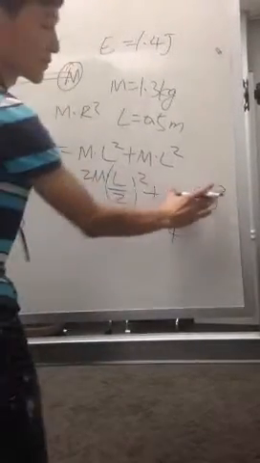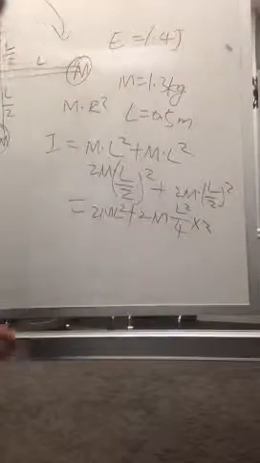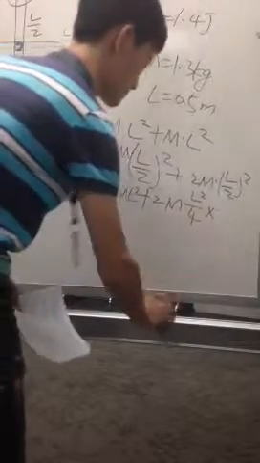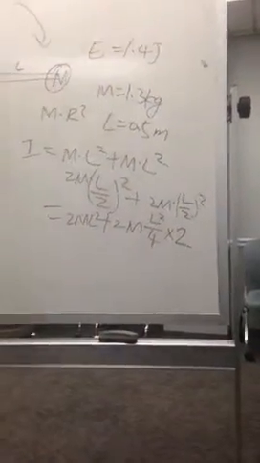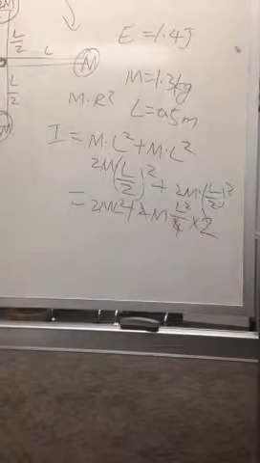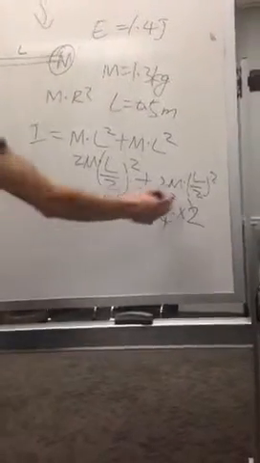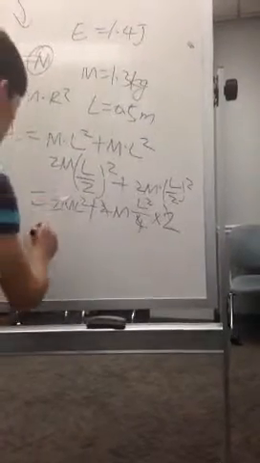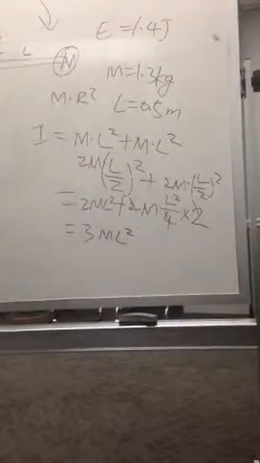And then this 2 is the same, right? Times 2. Understand? Here, 2 over 4, cancel. Oh, okay. So you got m times L squared. Here you have 2m L squared. Okay. So it will be 3m L squared. I get it. Okay.